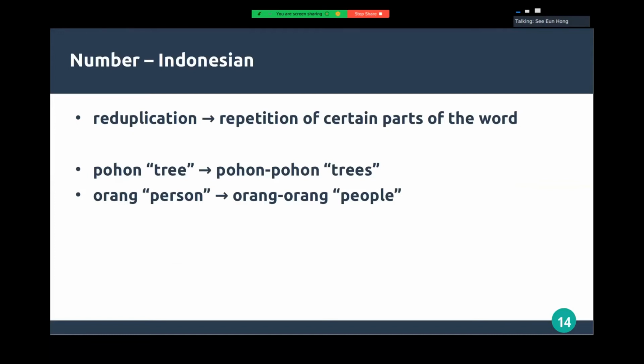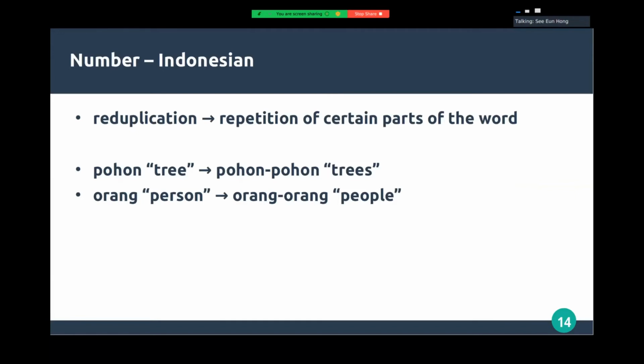And Indonesian, another Austronesian language, as well as Māori, uses reduplication to mark plural. And reduplication is the repetition of certain parts or even the whole of the word. So, for example, the word tree, pohon, by default means singular.